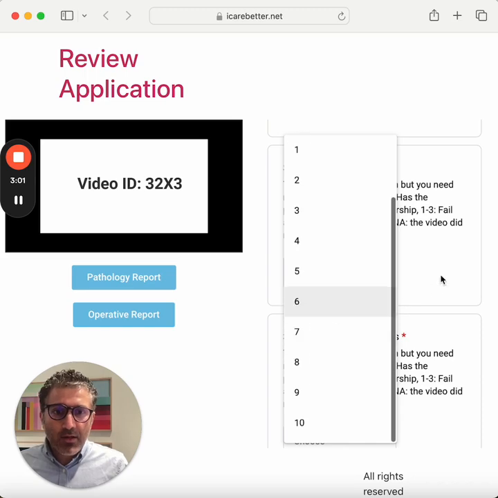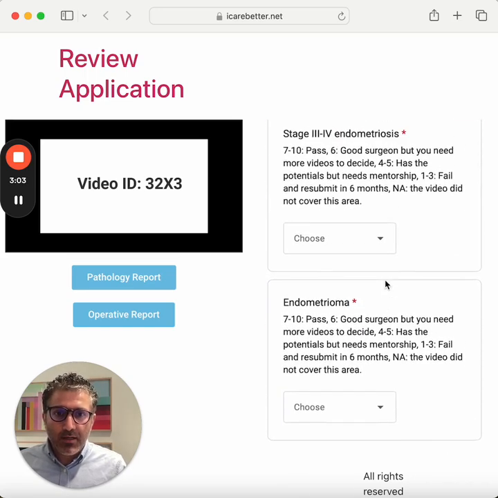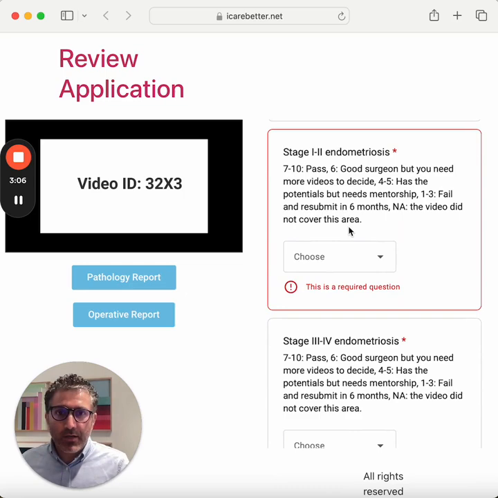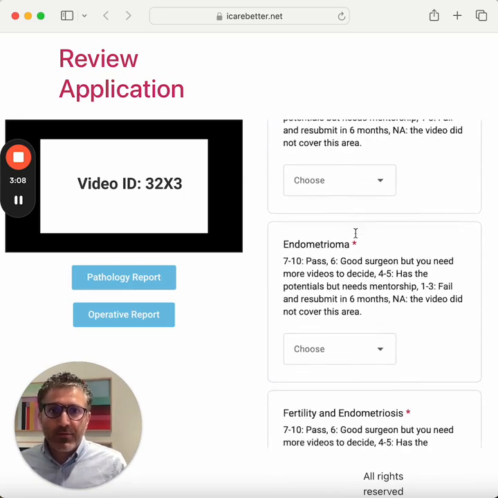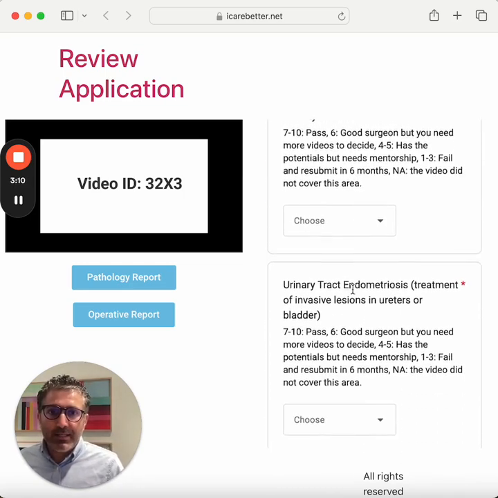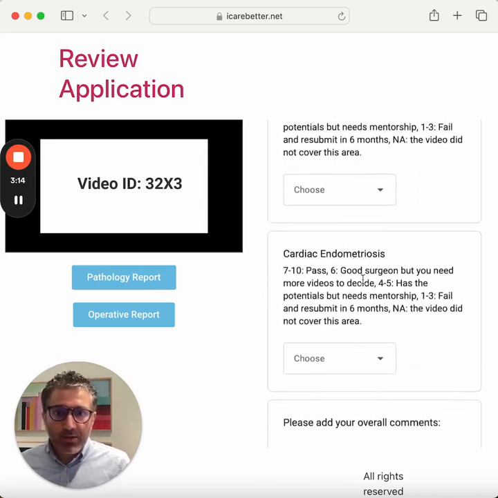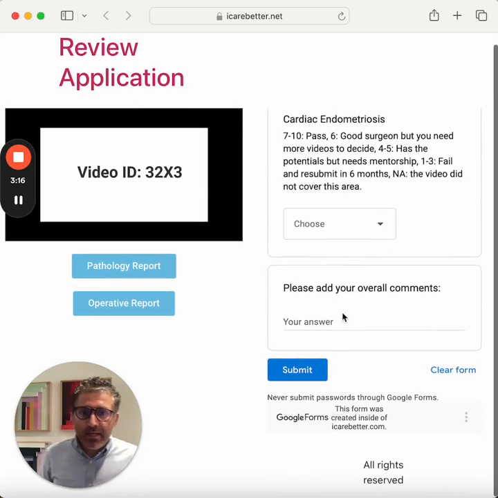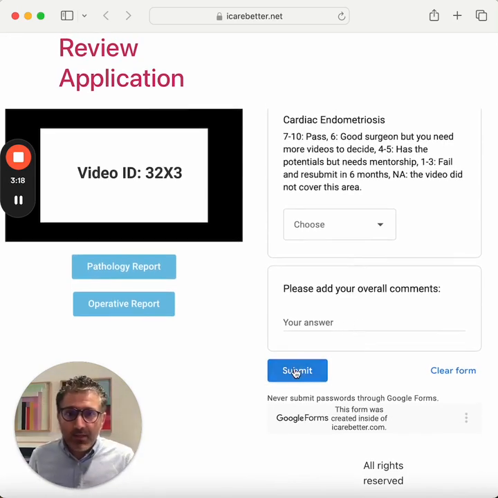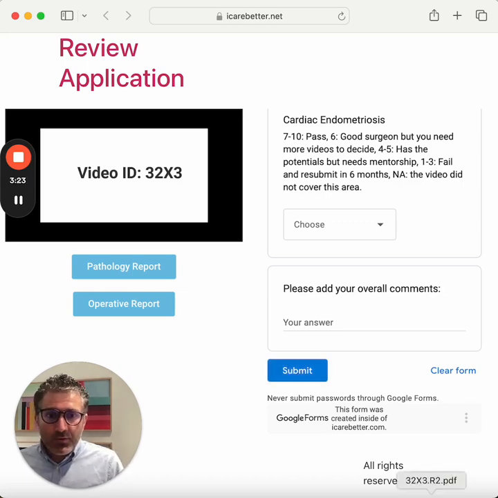They give a number from 1 to 10 based on the quality of surgery in every area, like stage 1, 2, stage 3, 4, endometrioma, fertility, urinary tract, deep bowel, diaphragmatic, thoracic, cardiac, and then add a general comment. Then they submit the review, and we get the results.